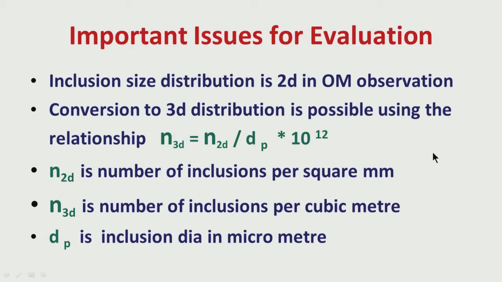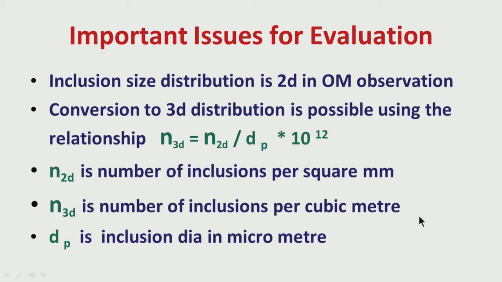If you want to know the three-dimensional number, that means the number of inclusions per cubic meter, we can use this N2D value by dividing it by the inclusion diameter, taking an average inclusion diameter. This dP is the inclusion diameter in micrometers. Dividing N2D by dP and multiplying by 10 to the power 12, this is the conversion factor, we can get the three-dimensional number of inclusions per cubic meter.